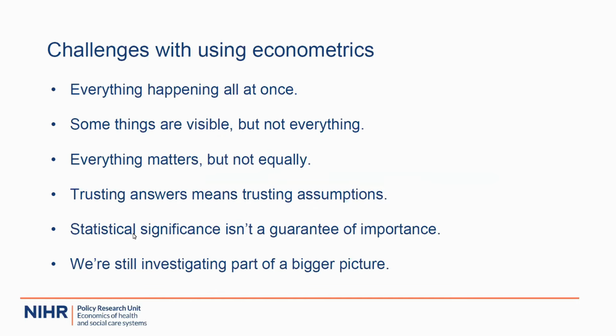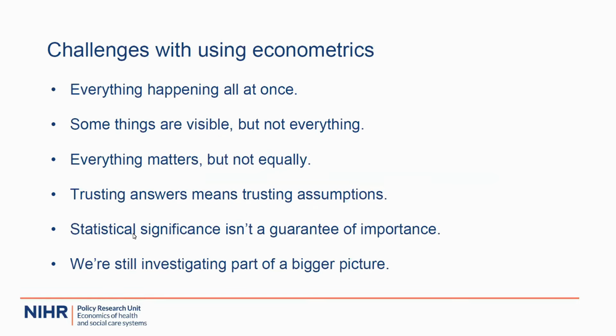And there are various challenges with using econometrics, because while we're interested in a particular policy, everything happens all at once. There's always the possibility that some other things are affecting what we're interested in, like waiting time, and we can't see them, and that makes it difficult.